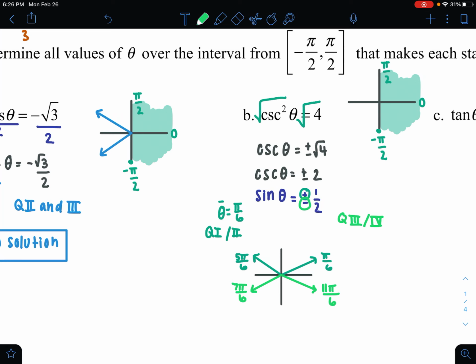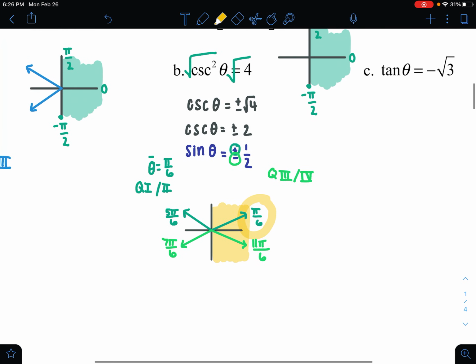It was supposed to fall between pi over 2 and negative pi over 2. So we're really only looking at this portion of our graph. So is pi over 6 between negative pi over 2 and pi over 2? Yes. So theta could equal pi over 6.